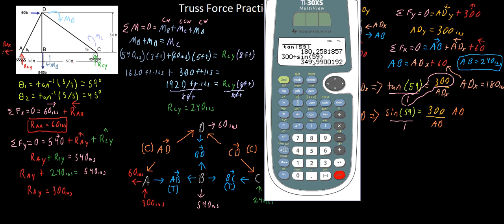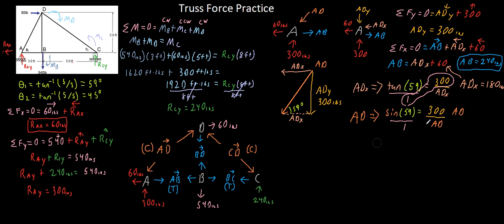We get 349.99. I'm going to round that up to 350 pounds. And I just want to make sure I wrote down the right number. That's all the member forces that are acting on joint A solved for.